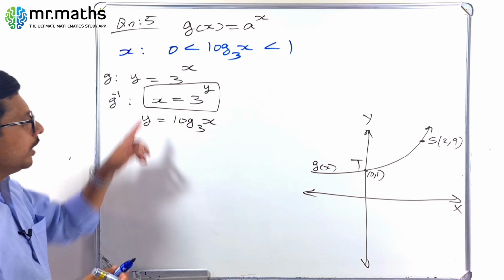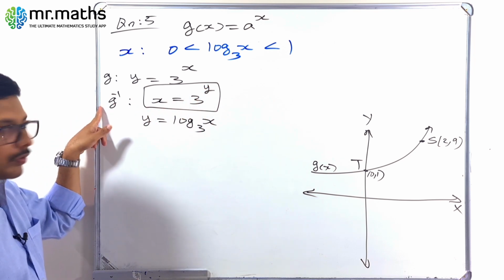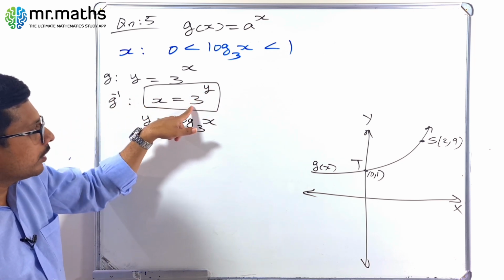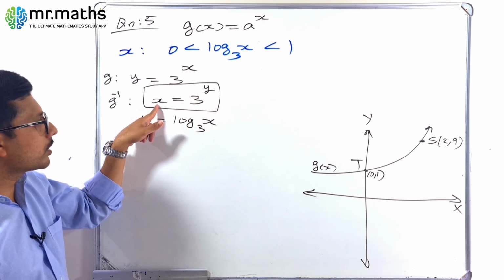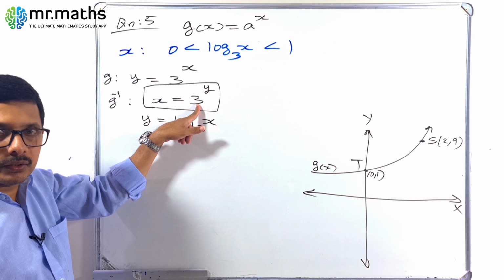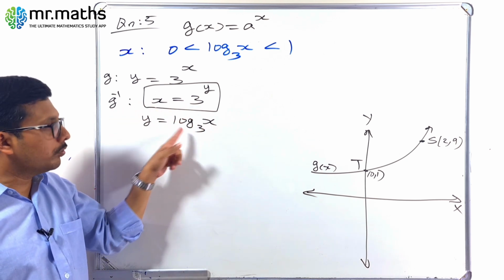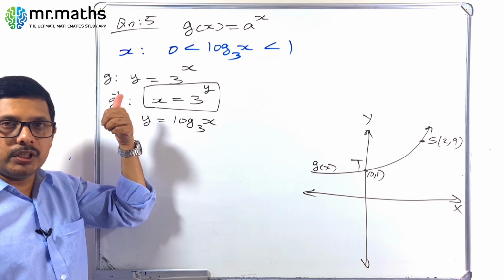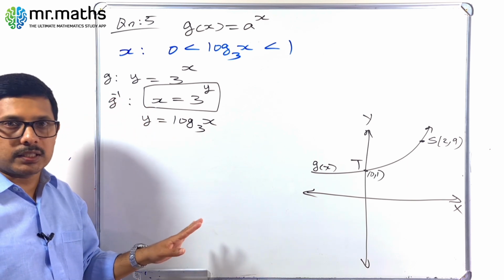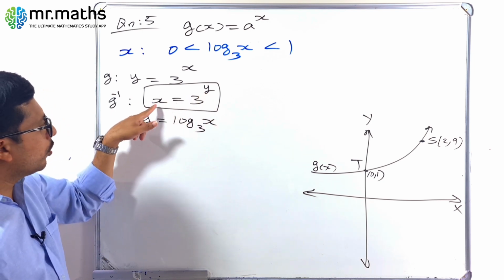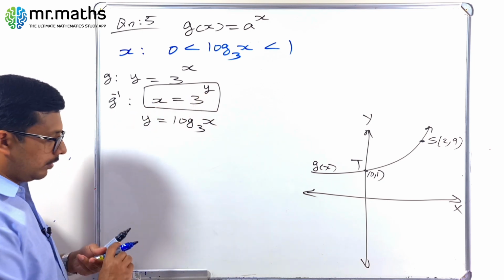So x is equal to 3 raised to y can be written in terms of y as log x to the base 3. That is a logarithmic rule that you have to study. Those who don't know how to write like this, you have to watch those video lessons before you watch this revision lesson. So y is equal to log x to the base 3.